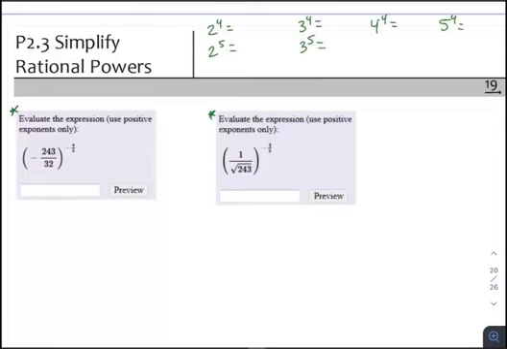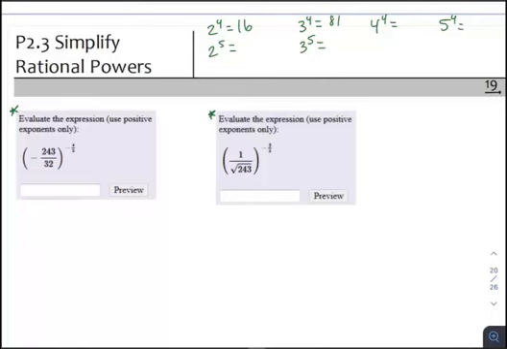Okay, so here would be some of the other values. Again, if you don't have access to a calculator, you can create these by just multiplying out what you already know. So 2 to the 4th is 2 squared squared. So 2 squared is 4, 4 squared is 16. 3 to the 4th is 3 squared squared. So 3 squared is 9, 9 squared is 81.